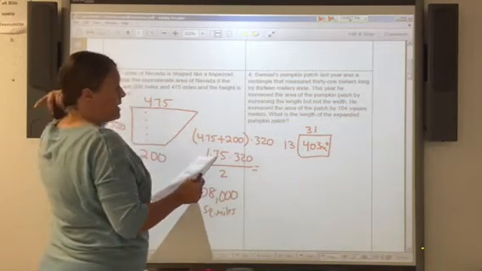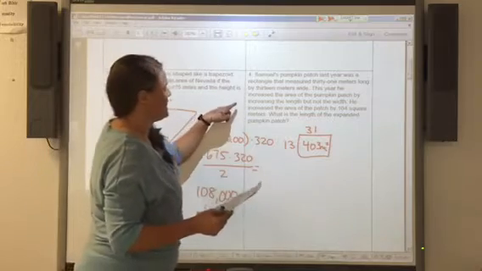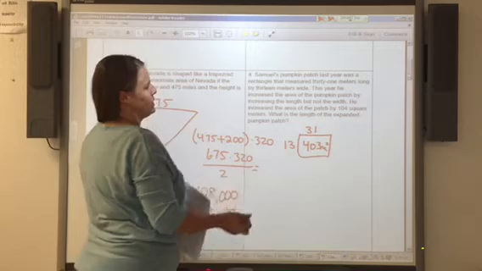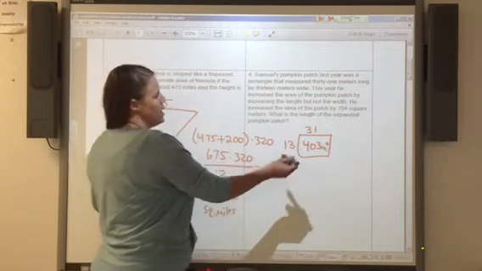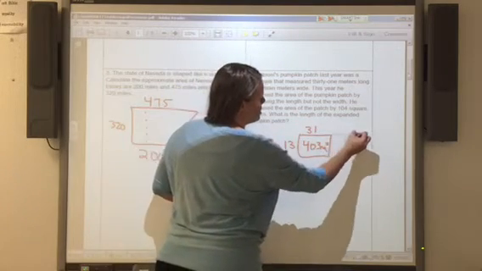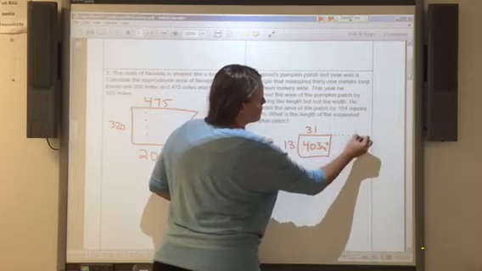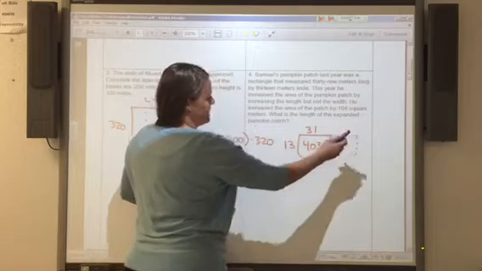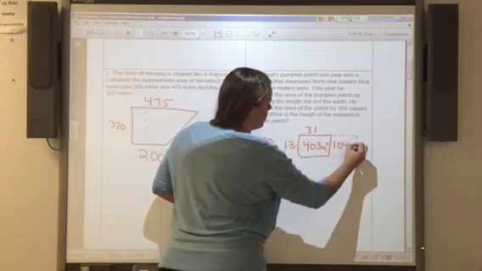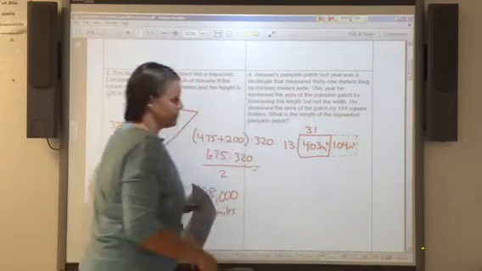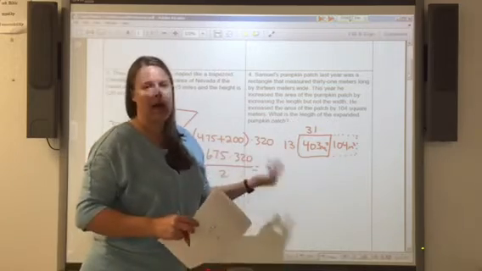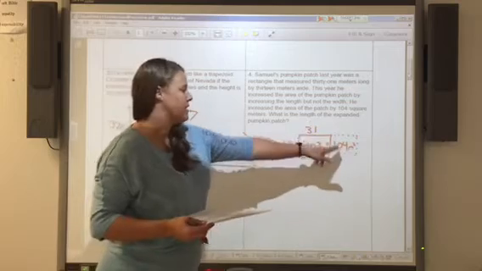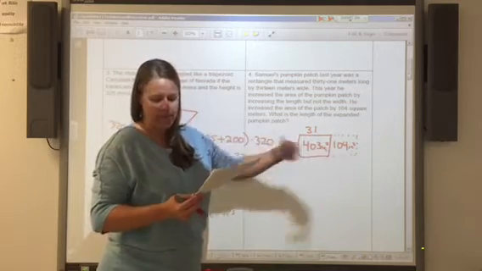So I know that he is increasing the length of the patch, but not the width. So it's still going to be 13 wide, but I'm increasing the patch. Okay? And the area is increased, so this part's going to be 104 square meters. So I know with my multiplication strategies that 13 times something equals 104.